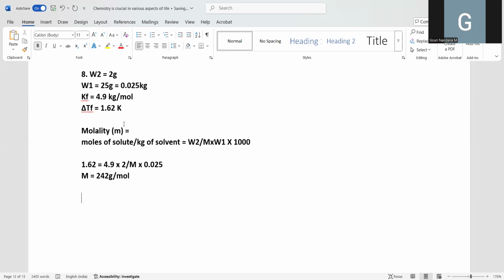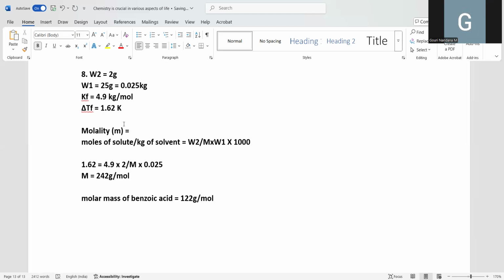And it is given that molar mass of benzoic acid will be 122 gram per mole.